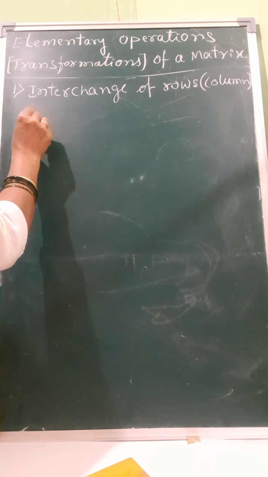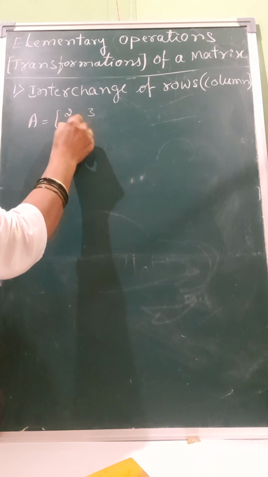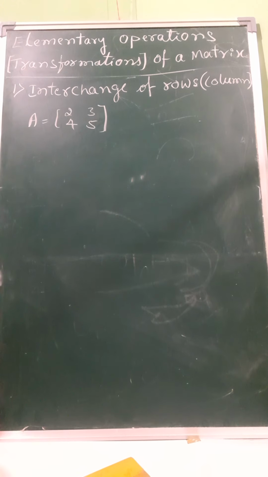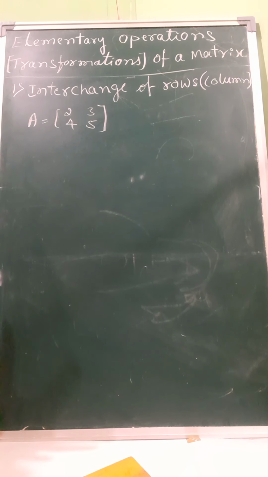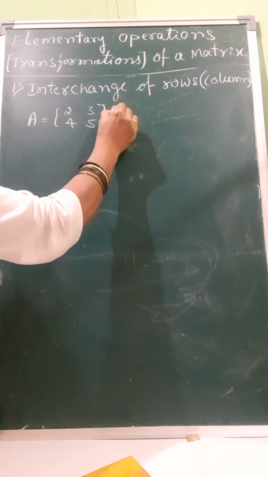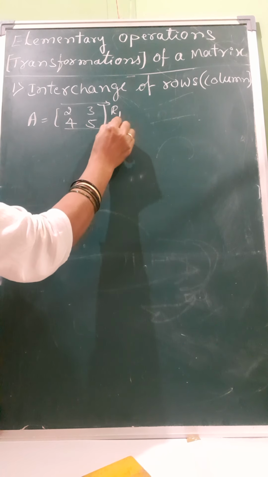For example, A is a matrix 2, 3, 4, 5. If you interchange one of the rows with the other row, here this is R1 and this is R2.